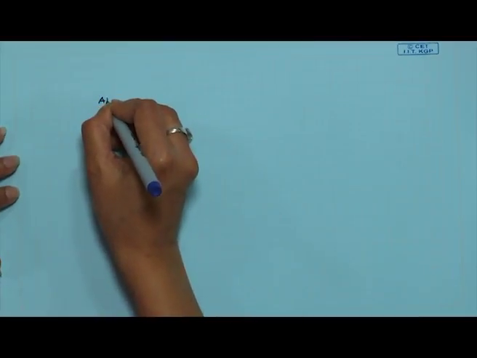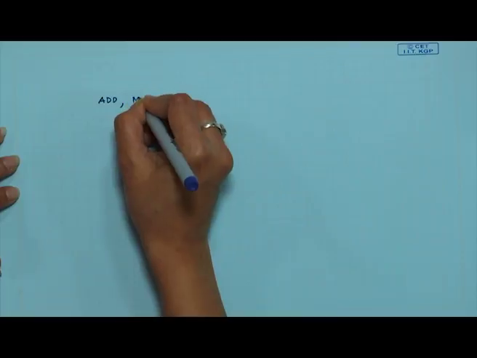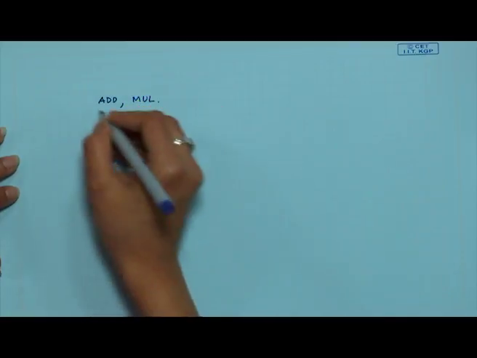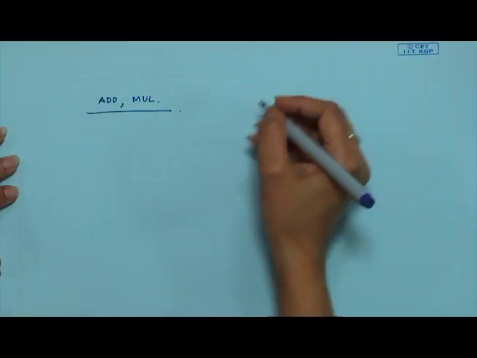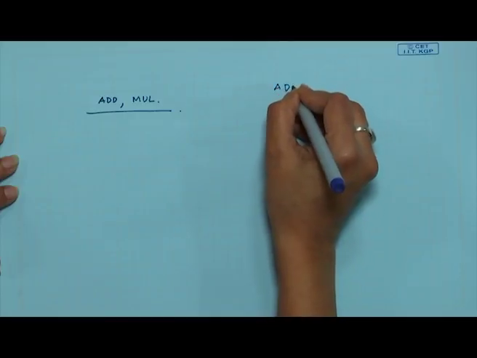So, there are two things that can happen. Let us say you have add and multiply instructions, and in another case you only have the add instruction.